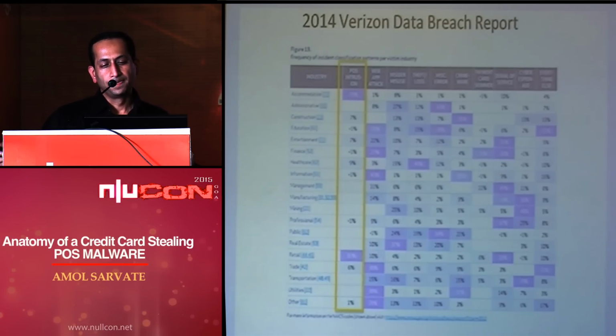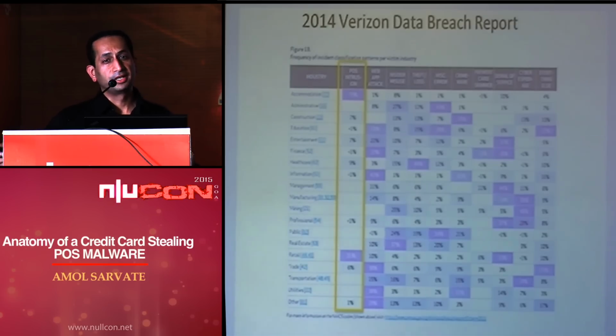Now, the thing to note here is that this is the 2014 report, which talks about data in 2013. But when the 2015 report comes out, I'm sure that the retail industry will be 75 to 80%, and the accommodation industry will go down because of all the data breaches that happened in the last year.